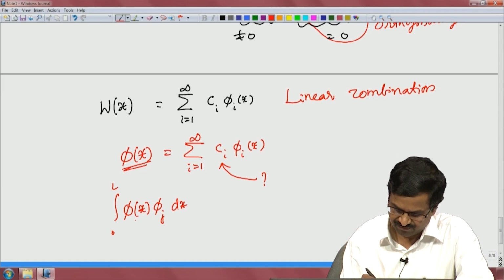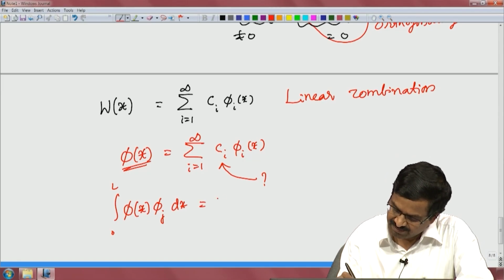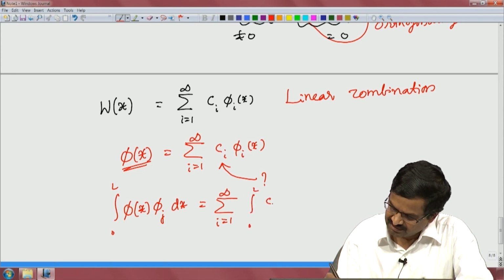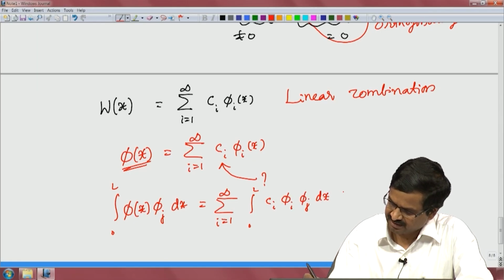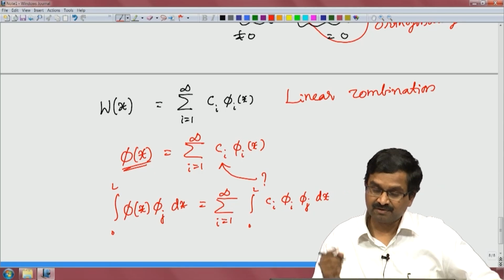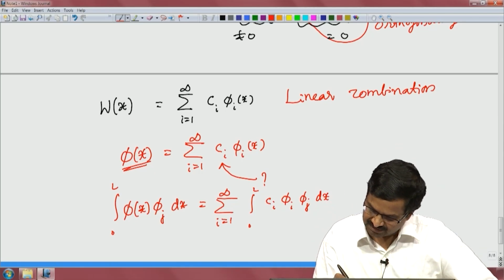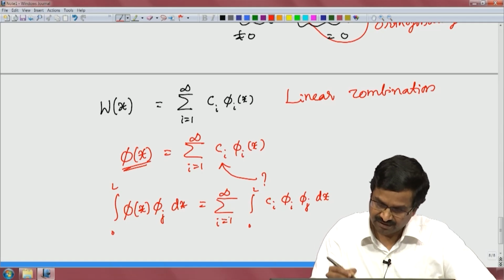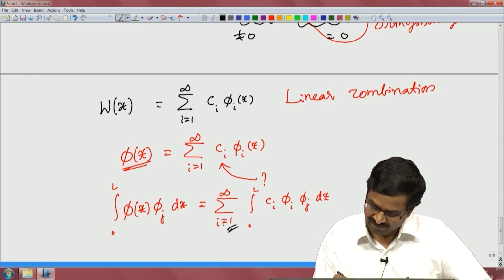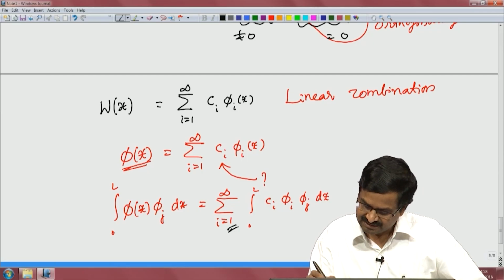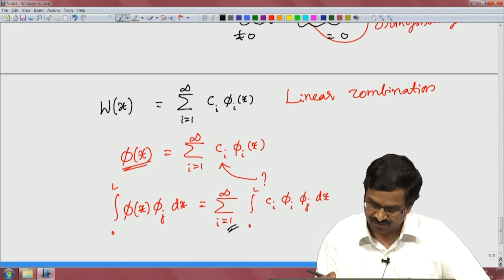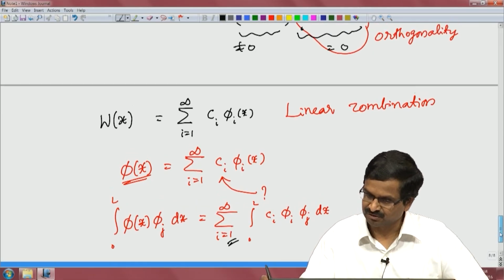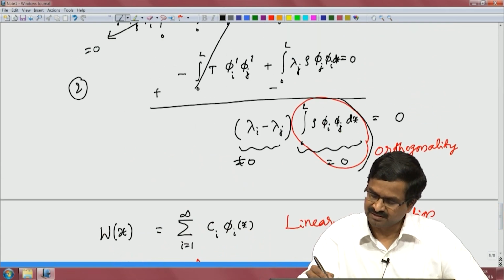So, I put 0 to L phi x phi j dx, I do the same thing on the right hand side, I equal to 1 to infinity. So, integral 0 to L Ci phi I phi j dx. Okay. Now, remember our orthogonality property. Whenever this I is going from 1 to infinity, whenever it becomes j, only then this integral that we have, I can also put rho if I like, but rho does not matter in this orthogonality relationship that we just did here.